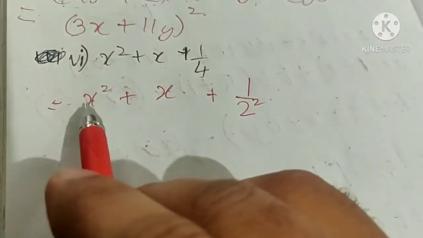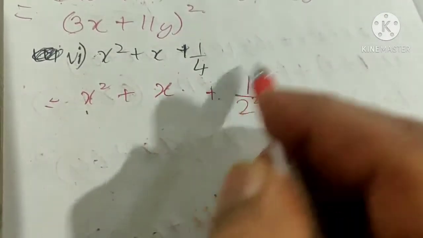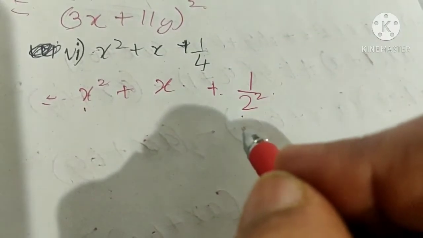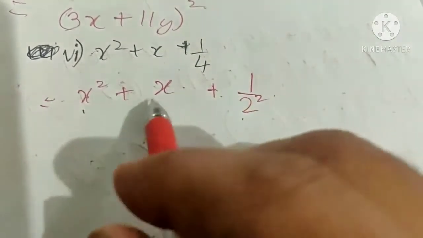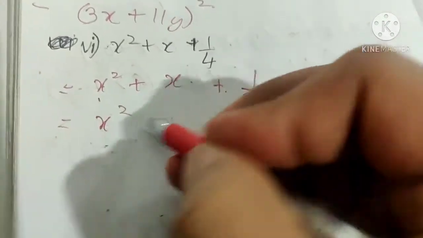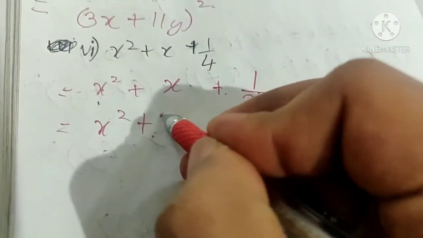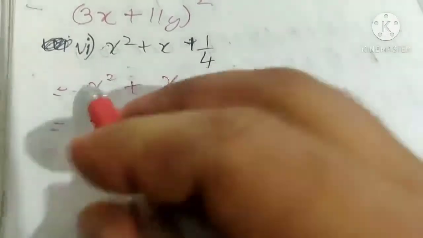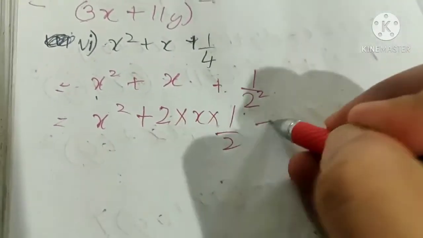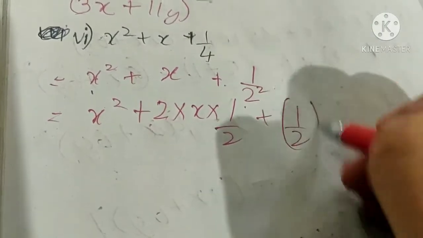So it is written as a square and b square, meaning 1 by 2 to the power 2. Now we have to check whether 2ab is formed or not. In between x square plus, if we check, 2 into a, here a is x, b here is 1 by 2, plus 1 by 2 to the power 2.